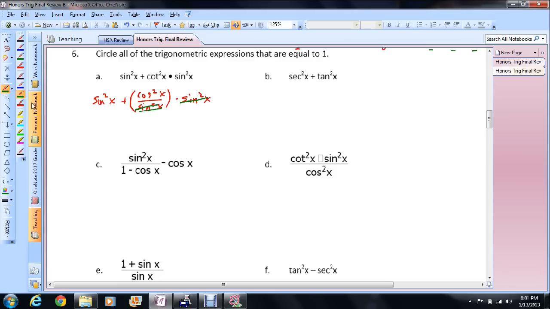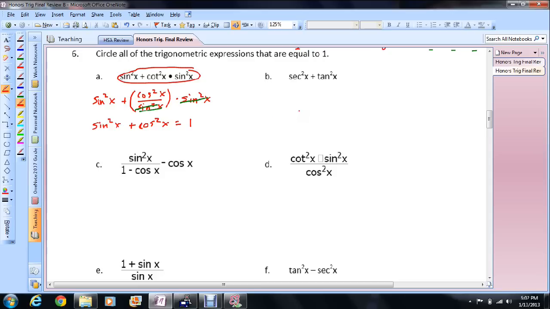So what we have left over after we do that simplification, we have sine squared of x plus cosine squared of x. Well, if you take a look at your identity sheet, sine squared plus cosine squared is equal to 1. So this is definitely one of the ones that is equal to 1.